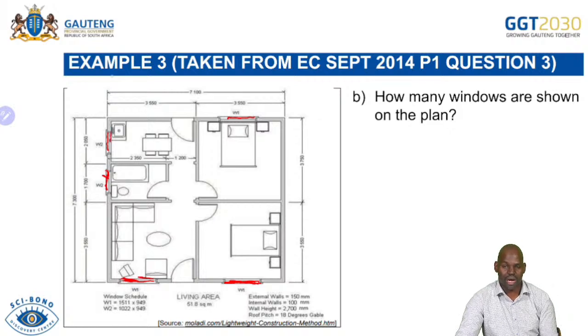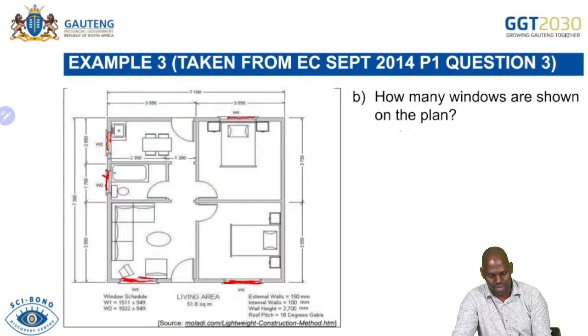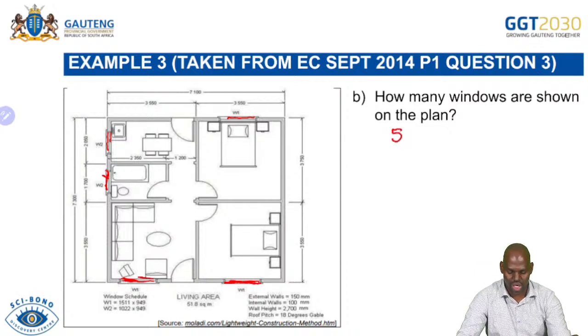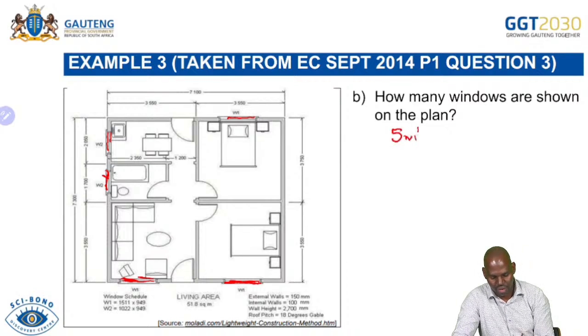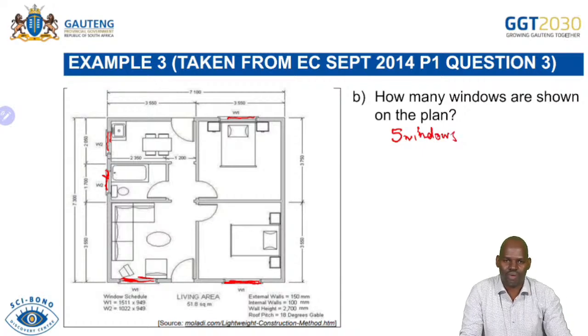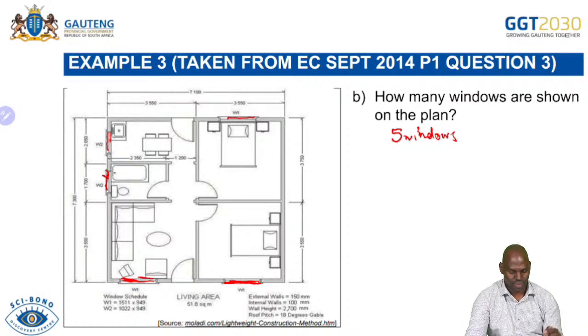So in this case, the number of windows is 5. We only had to check. Even if you just write 5 only, that will be acceptable. We only had to look at the symbol for a window. So for this one, it's easy. It's just 5 windows.